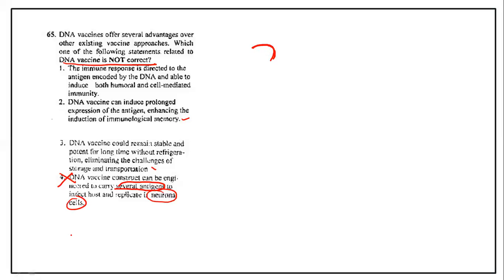And still much research is going on for developing a coronavirus vaccine in terms of a DNA vaccine. So these are important and helpful from the exam point of view or for the question paper, because these are the first challenges to develop the vaccine right now. Hope this was helpful. Thank you.